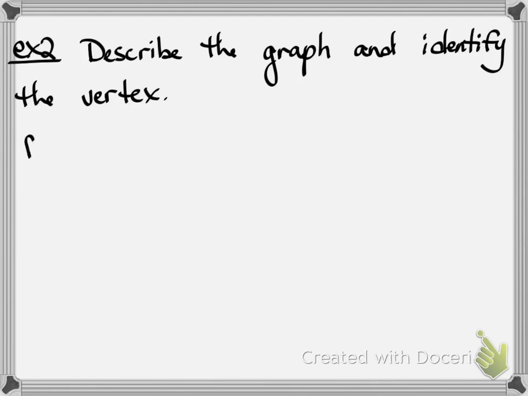All right, so we have f of x equals 2x squared plus 8x plus 7. Actually, I don't think you all have had experience with this before. Let's make it nicer. X squared plus 8x plus 5.